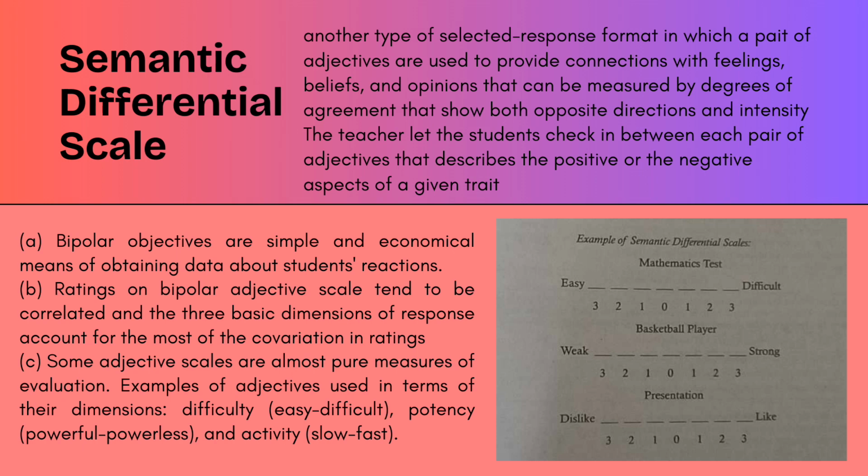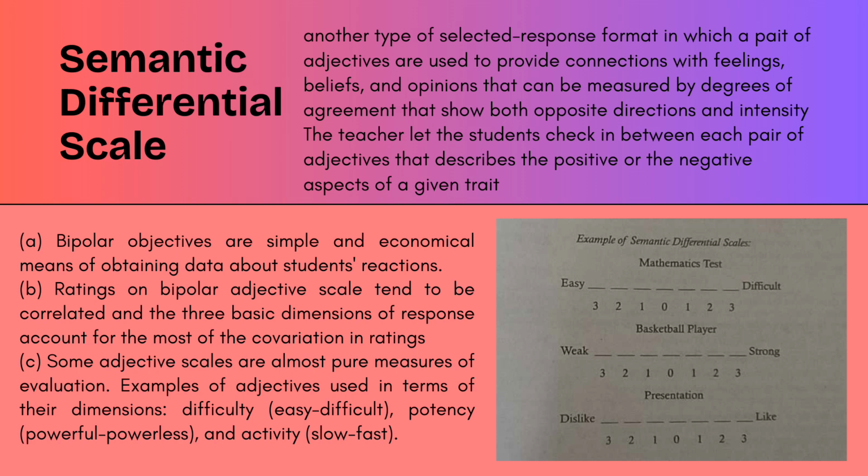Third, some adjective scales are most pure measures of evaluation. Examples of adjectives used in terms of their dimensions are difficulty, from easy to difficult, potency, from powerful to powerless, and activity, from slow to fast.